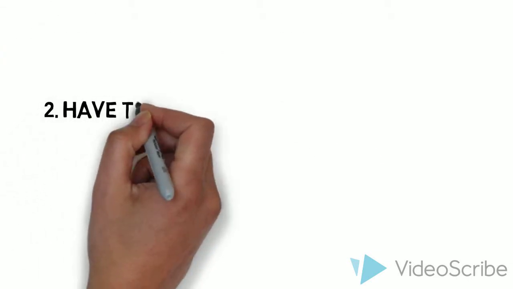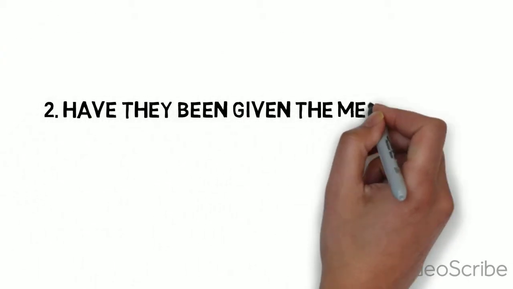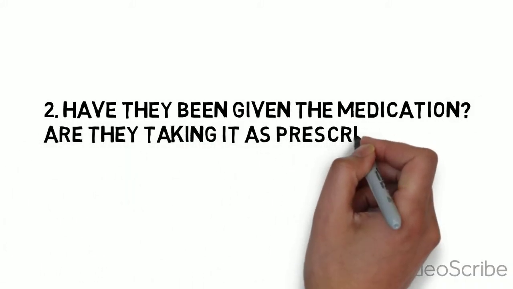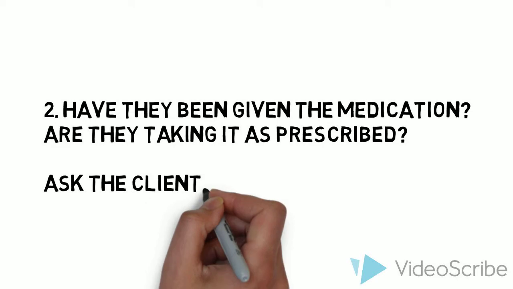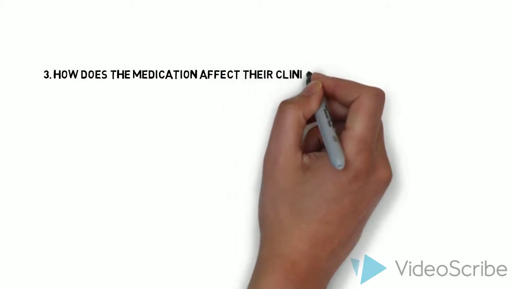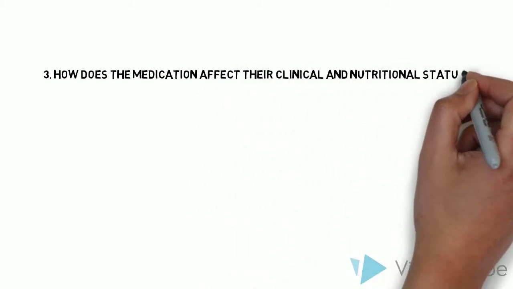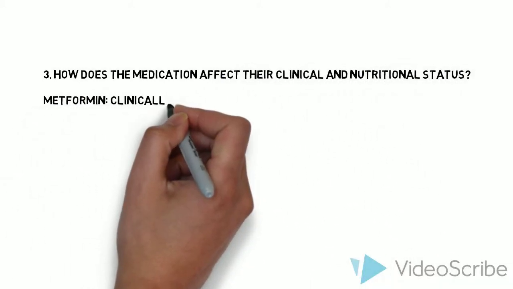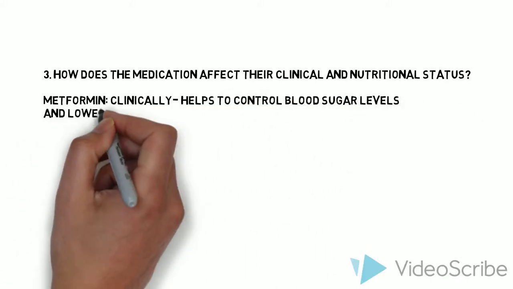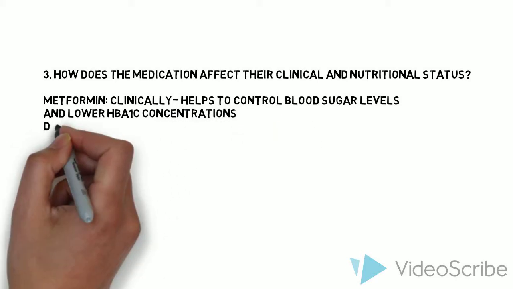Question 2. Have they been given the medications? Are they taking them as prescribed? In an outpatient setting, you will need to ask the client. Question 3. How does the medication affect their clinical status and their nutritional status? Metformin is used clinically to control blood sugar levels and lower hemoglobin A1C.